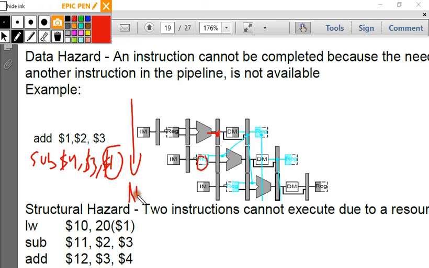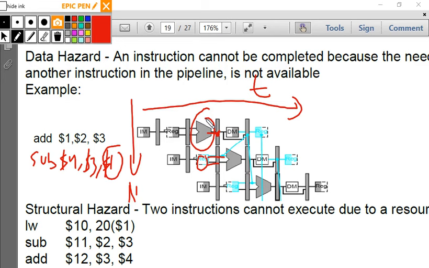This is instructions by time. I need them to come out of the registers simultaneously while executing in the ALU. On this buffer, I have the value of 1 that I need in the next instruction, right? But it has not been put back into the register.